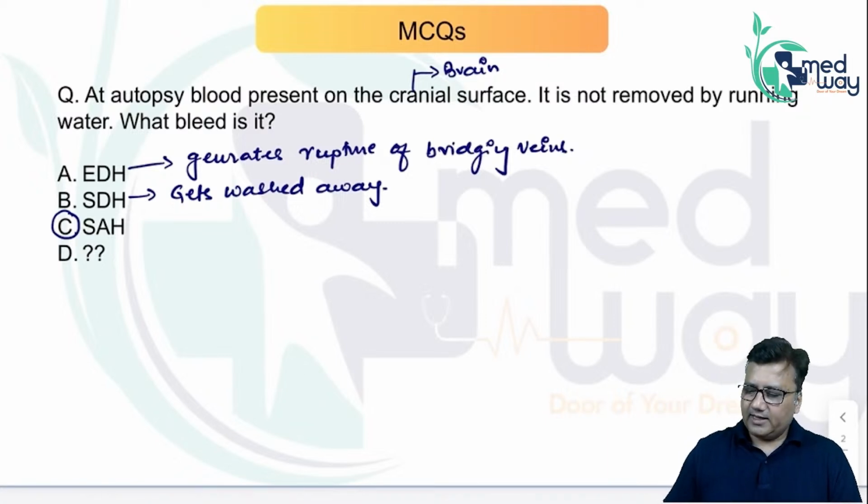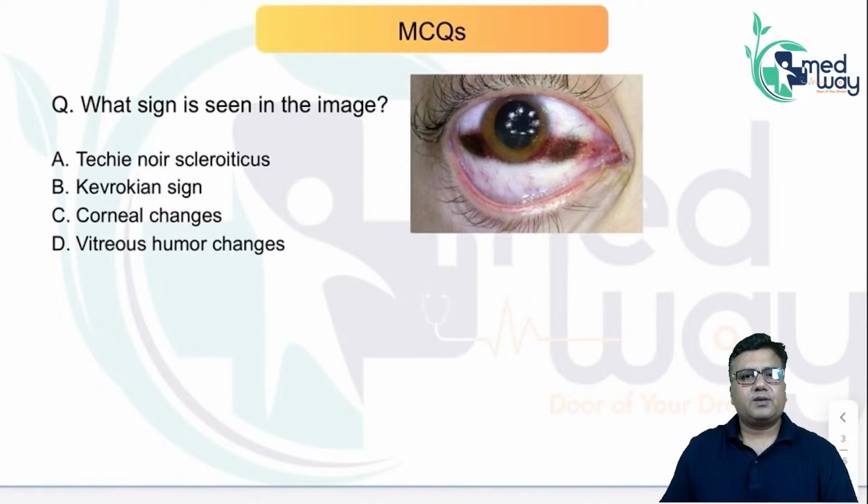Okay, let's see the next question. What sign is seen in the image? A very prototype question has been asked in FMGE examinations multiple times. The sign which is depicted here, as you can see, is discoloration in the white portion of the eye.